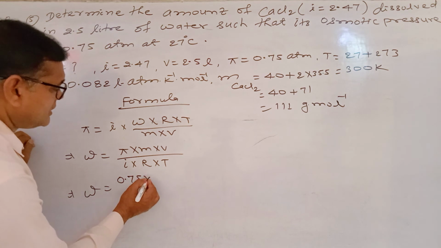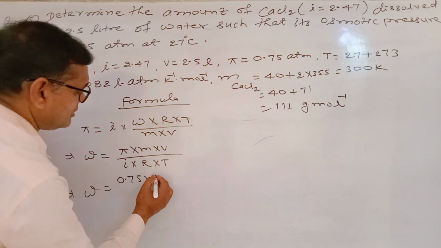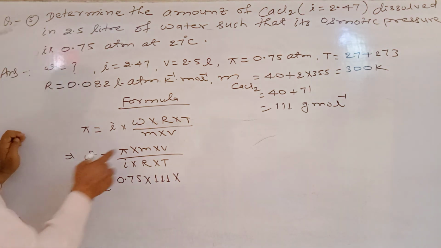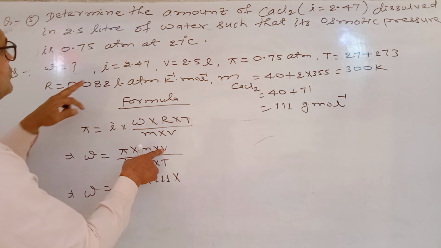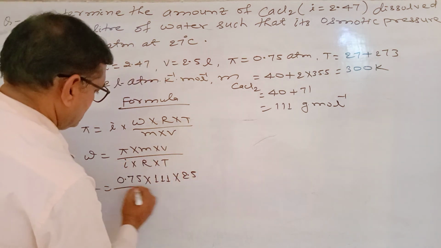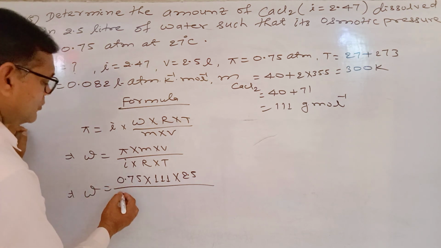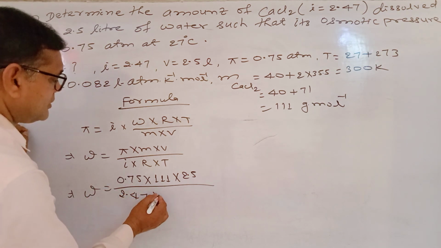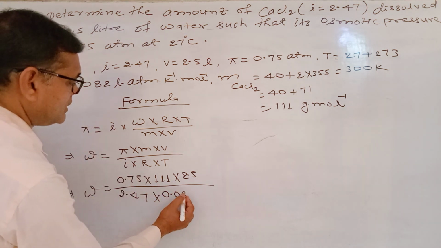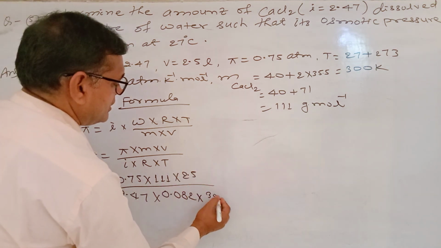The value of pi in the solution is 0.75 atm. The value of small m is equal to 111. Here we write 111. The volume V is equal to 2.5. i is equal to 2.47. The value of R is equal to 0.082. The value of T is equal to 300.